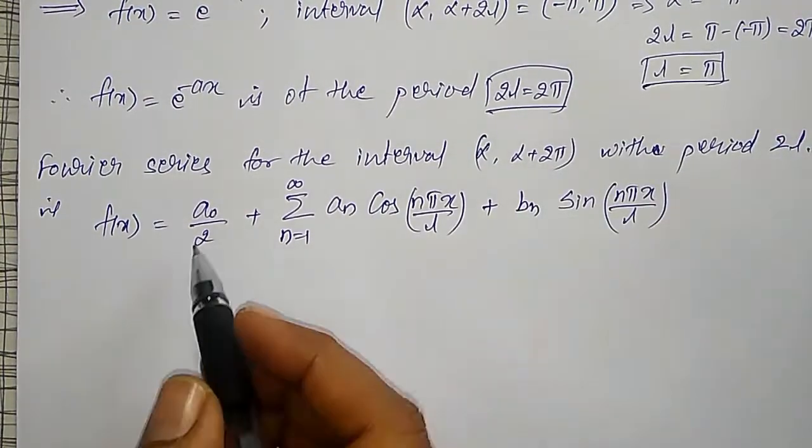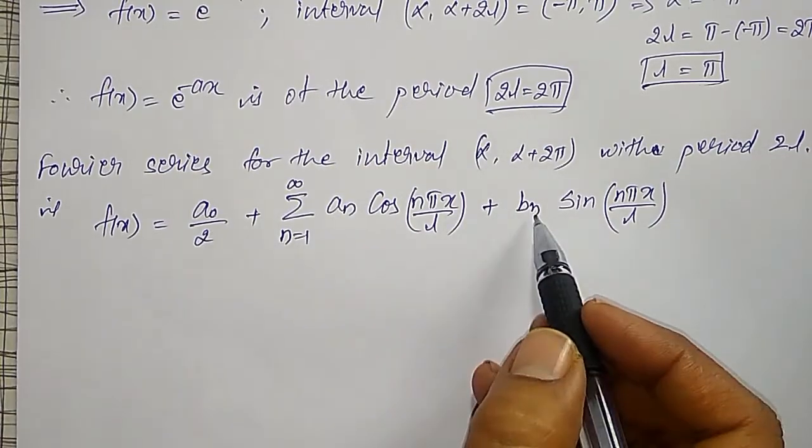This is a Fourier series and Fourier coefficients a naught, an and bn I have to calculate.